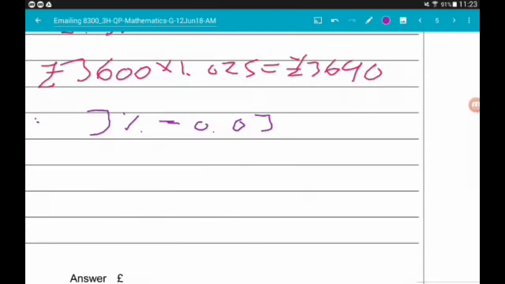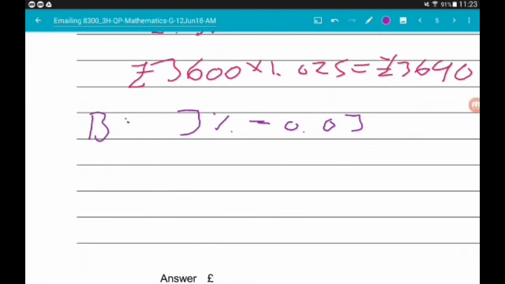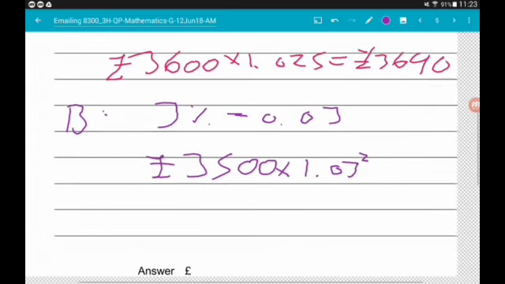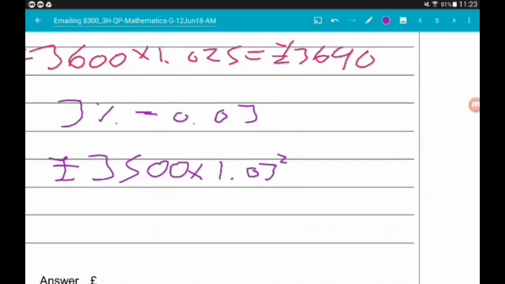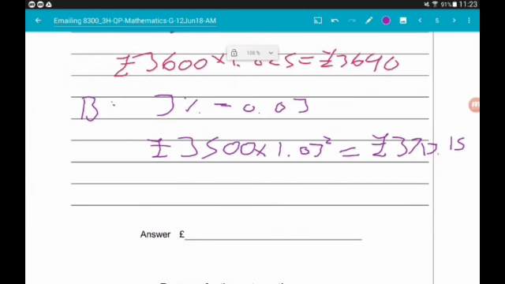So to work out what B is worth after 2 years, we're going to do 3,500 times 1.03 squared, and that's going to give us £3,713.15p.